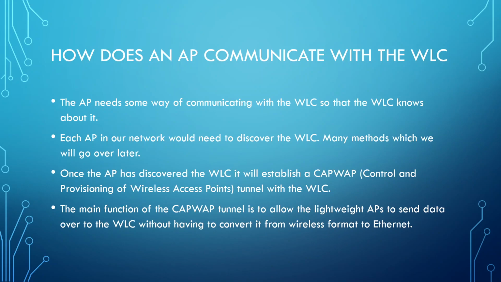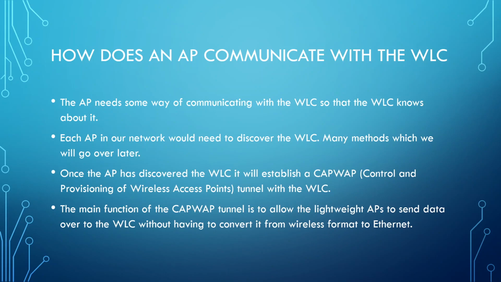So once the AP has discovered its wireless LAN controller, it then establishes what's called a CAPWAP tunnel with the wireless LAN controller. CAPWAP stands for Control and Provisioning of Wireless Access Points. Essentially, this is a tunnel between the AP and the wireless LAN controller. This tunnel serves 2 purposes. The first purpose is to act as a keep alive between the access point and the wireless LAN controller.